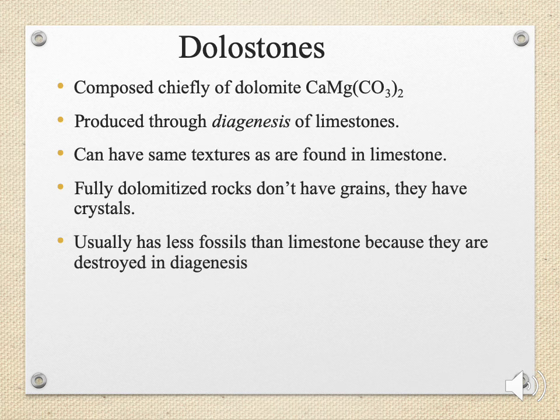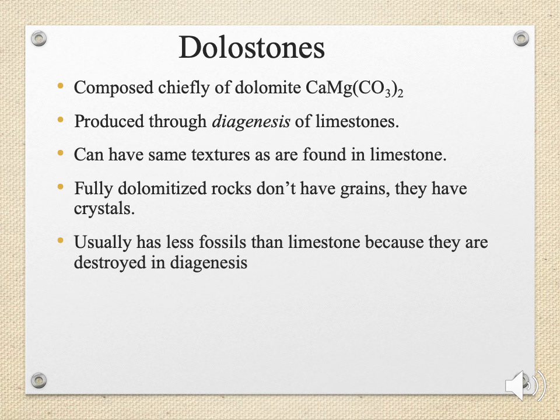Now, most of the dolostones that we find in the rock record are thought to have been produced through the diagenetic process, and in particular the diagenesis of limestones. These dolostones can have the same textures as are found in limestones. They can be fully dolomatized or partially dolomatized.